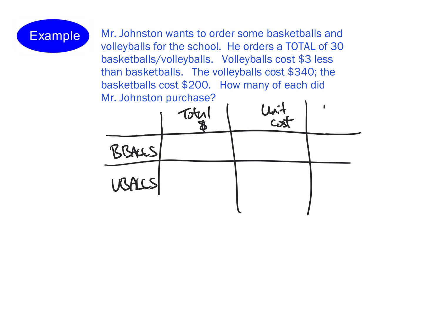And we have the number purchased. As a simple example, if a volleyball was $25 and you ordered 18 of them, you would multiply the number you buy by the cost of each one, and that would give you your total cost. So the total amount spent is going to equal the unit cost times the number of them that you purchase.